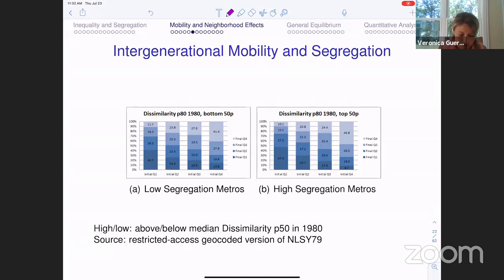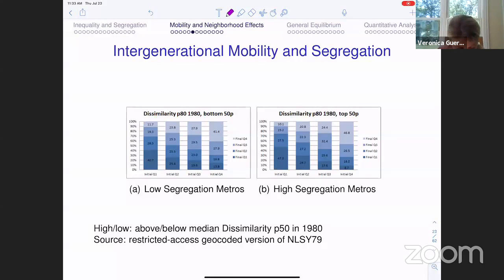We split them using the 50th percentile of the segregation measure as cutoff. So rank them by segregation and then take the top 50 percent and the bottom 50 percent and call them low segregation and high segregation metro areas. And then we can rebuild the transition matrices similar to the one that I showed you by Chetty. We did that with the 4 quartiles instead of quintiles, but the same logic applies.